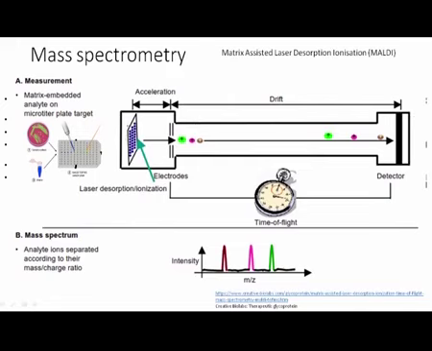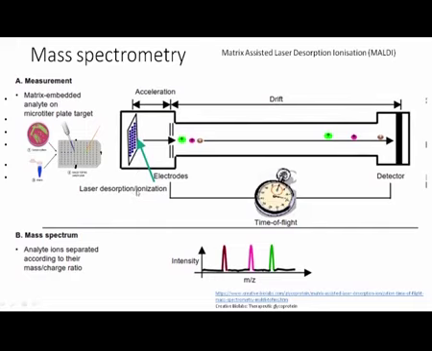So, here is the plate and it consists of these dots. Each one of these dots actually represents protein along with a matrix. The protein is embedded in the matrix, and then what you do is hit each one of these spots with the help of a laser.